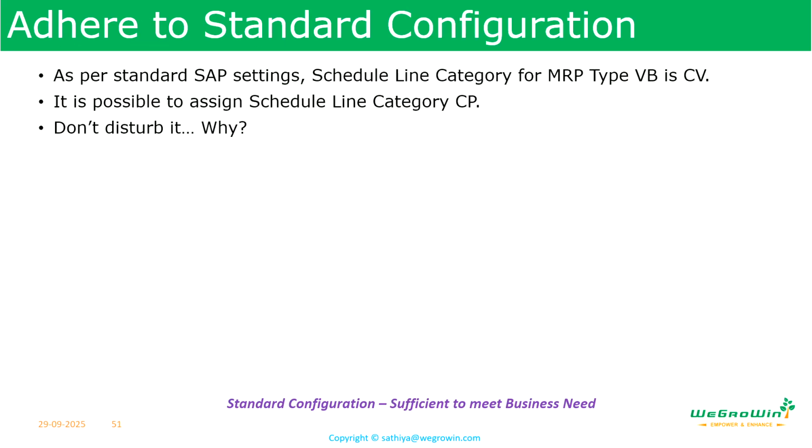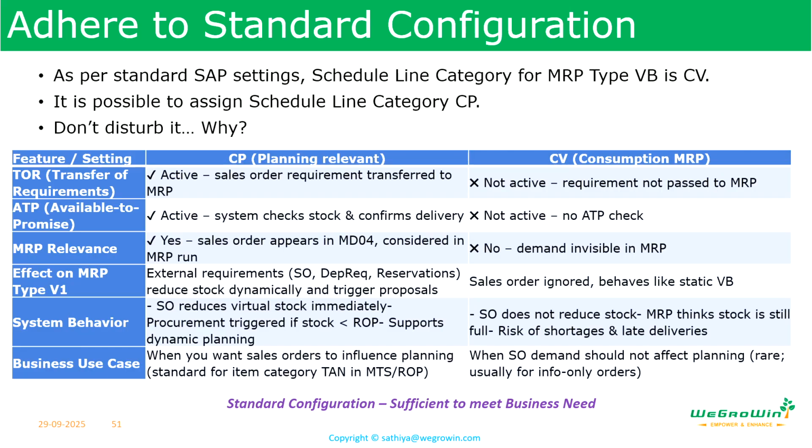As per standard SOP settings, the schedule line category for MRP type VB is CV. It is possible to assign schedule line category CP to MRP type VB and also CV to MRP type V1. But do not disturb these settings. Why? Please go through the table comparing schedule line category CP versus CV.